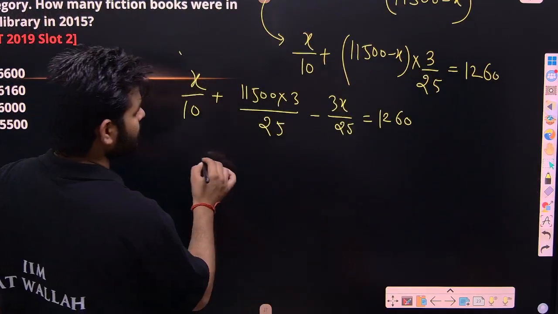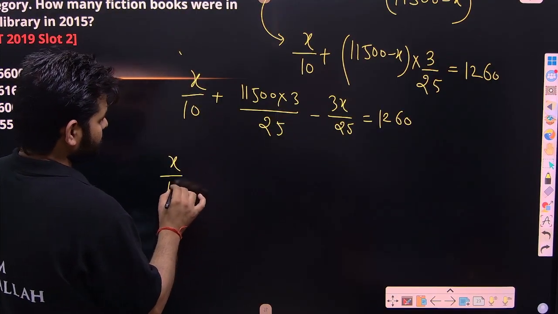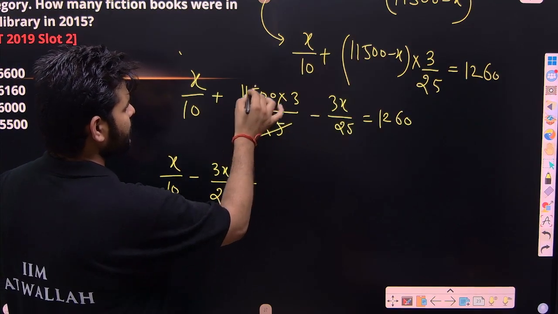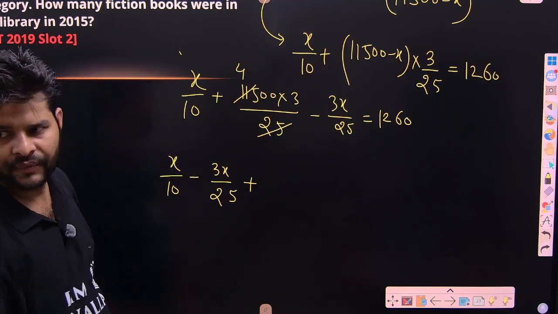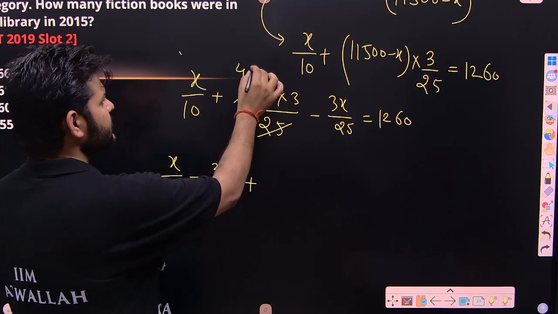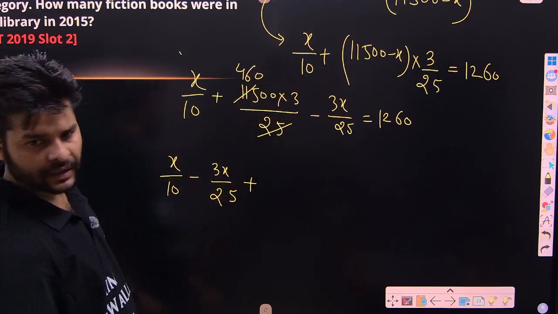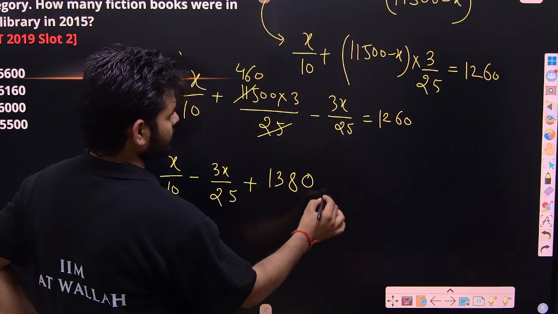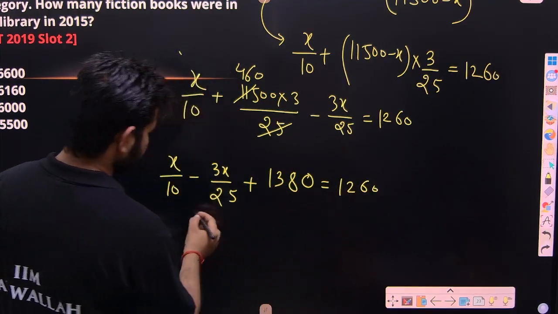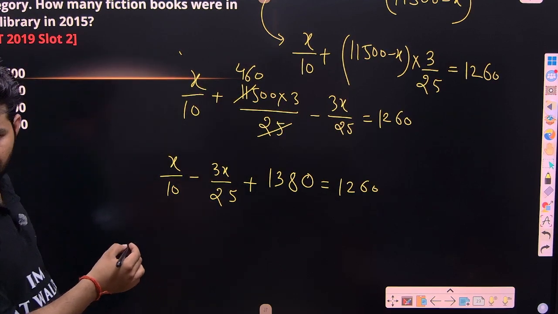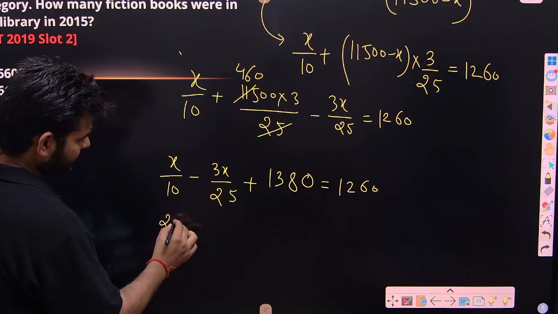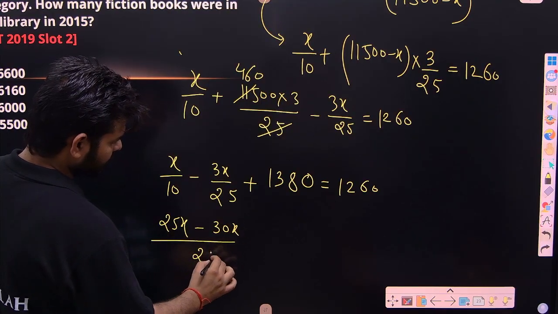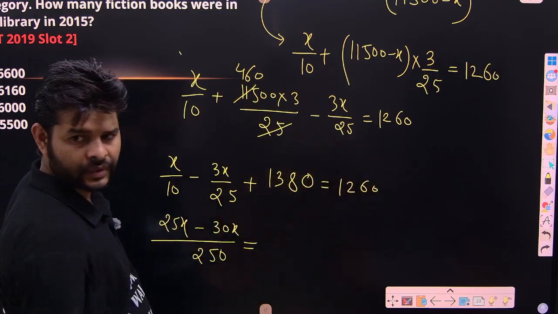If you solve, you will get X upon 10 minus 3X upon 25. Guys, simplify. 25 fours are 100, 1500 times 3 is 4500 upon 25 plus that. Just cross multiply, we have learned. So multiply by 250: 25X minus 30X plus 4500 times 10, that value you need to take over there.